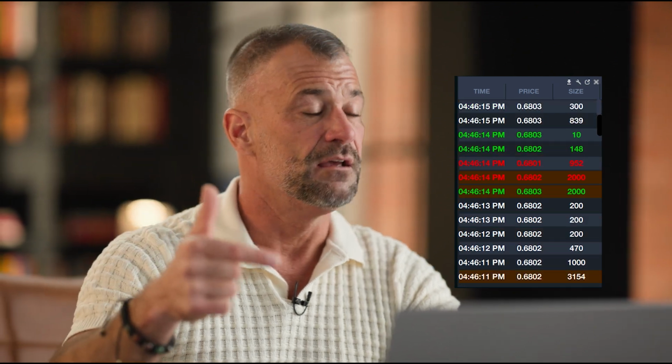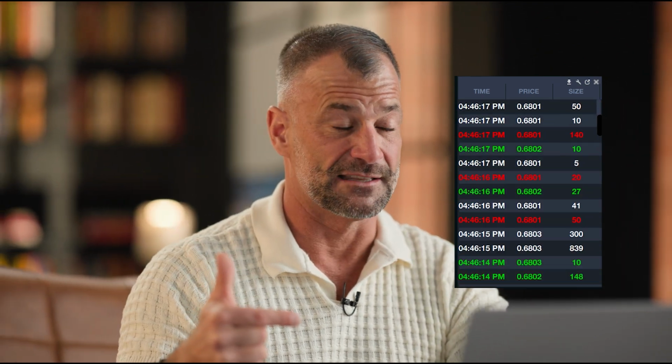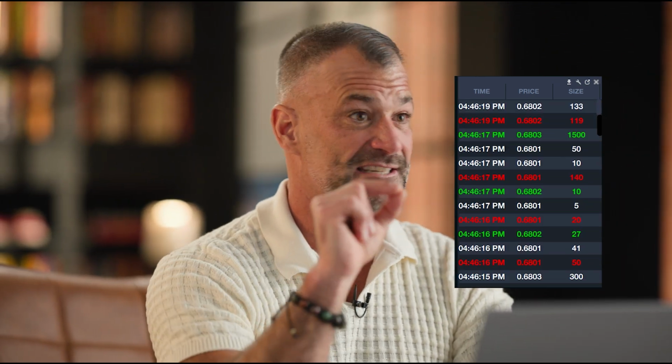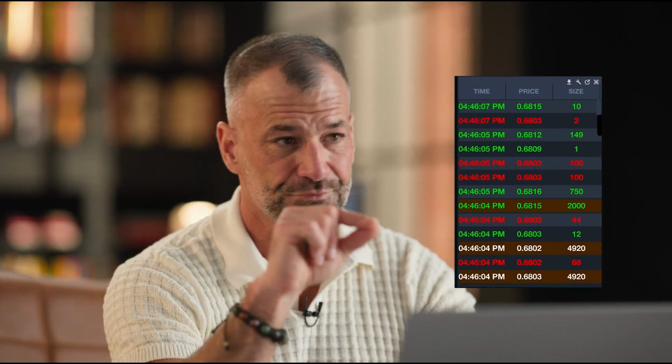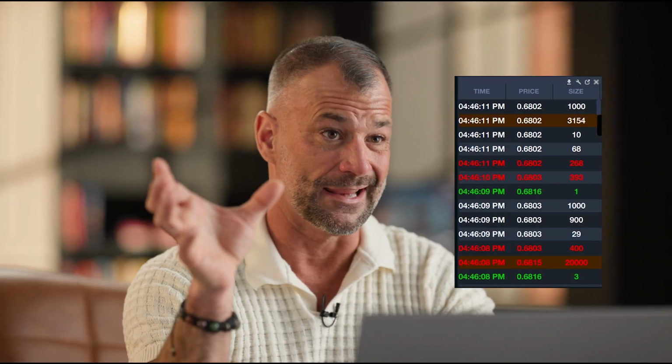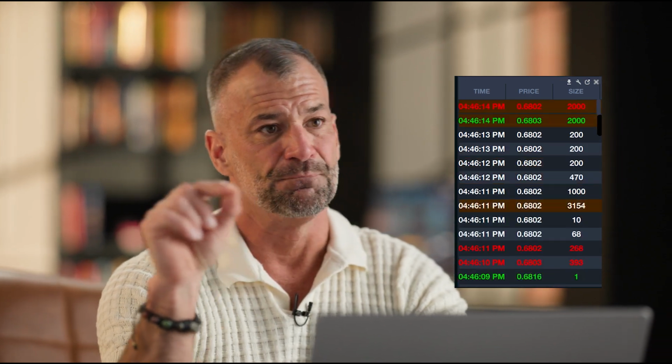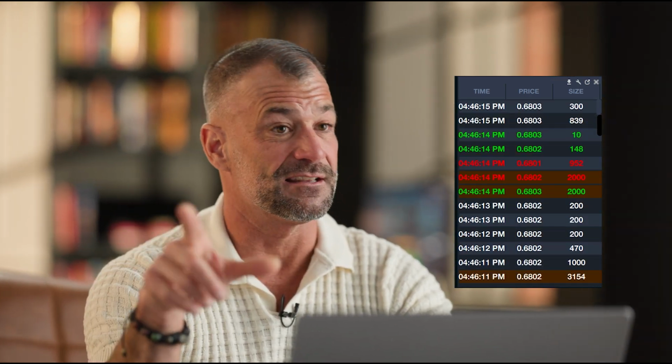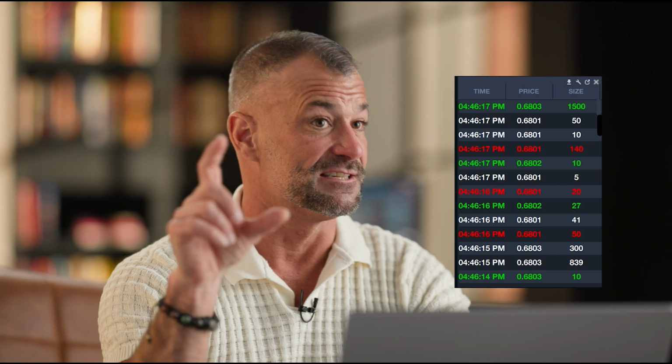If it's red, that means it downticked from the previous transaction. So let's say there's a trade at $1 and the next trade is at $1.01, that print will be in green. If there's a trade at $1 and the next trade is at 99 cents, that print will be in red because the stock downticked. So that's what we talk about when we say upticks and downticks.